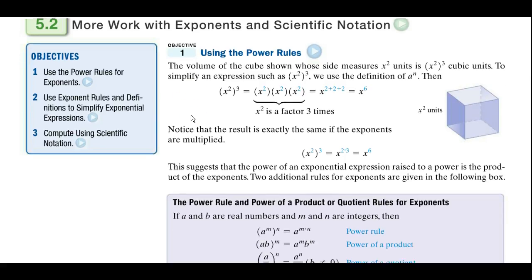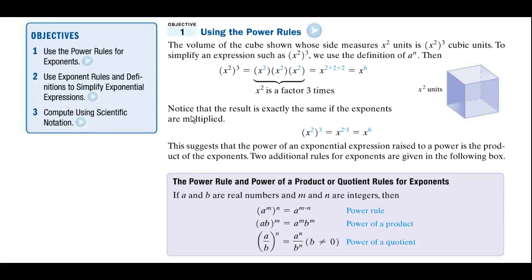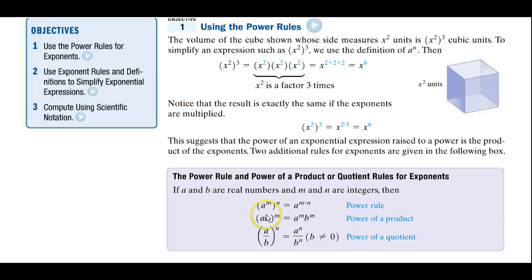Now, when we're using the power rule, as we see here, let's say the sides of a cube were x squared, that was the length of each side, and there's one up there, and then there would be this, that would be the height, that would be this side, and there would be this side.